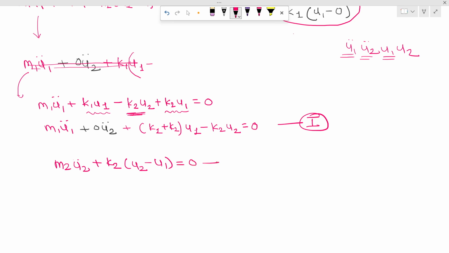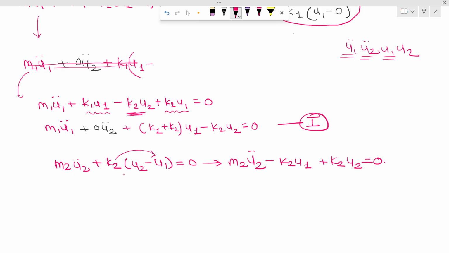So this was the equation. So I can write M2 U2 double dot, and multiply. First write the U1 term, which is basically minus K2 U1. Now write the K2 term, which is plus K2 U2 equal to 0.